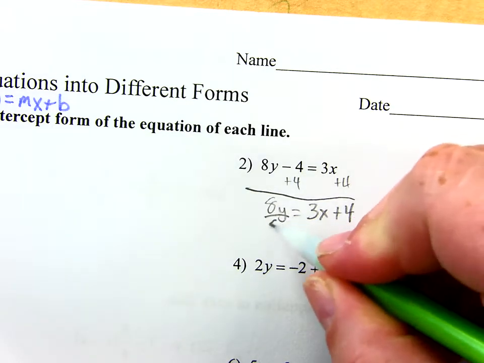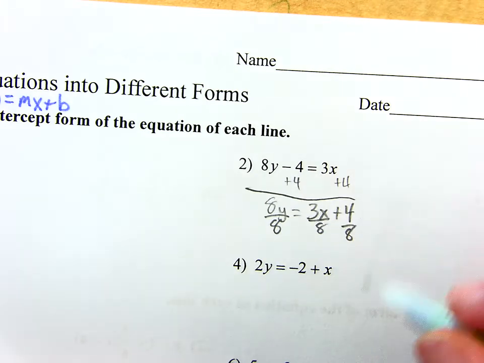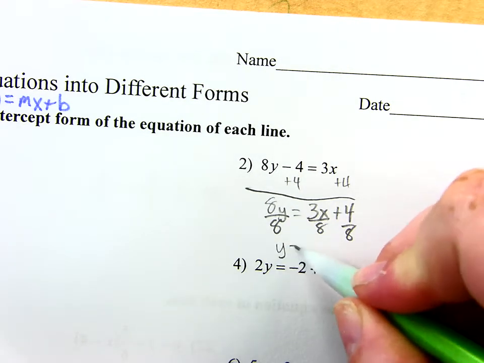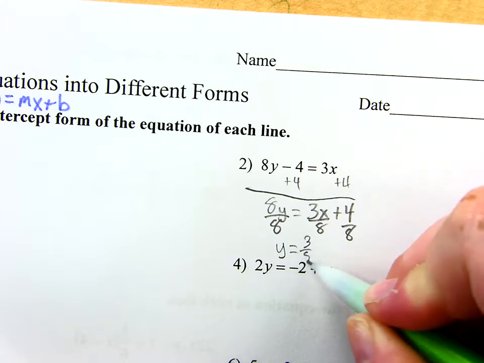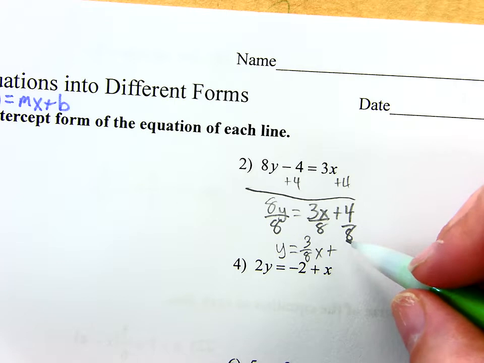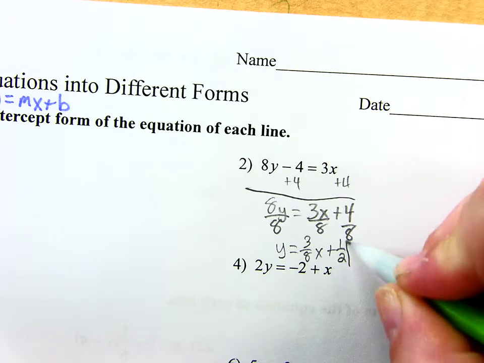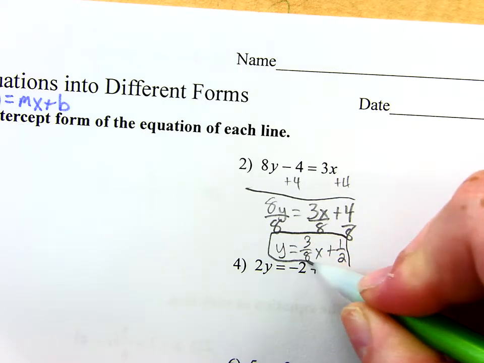And again, when you divide, everybody's going to get divided by 8. Careful. 4 divided by 8 is not 2, it's 1/2. So there's my answer that time.